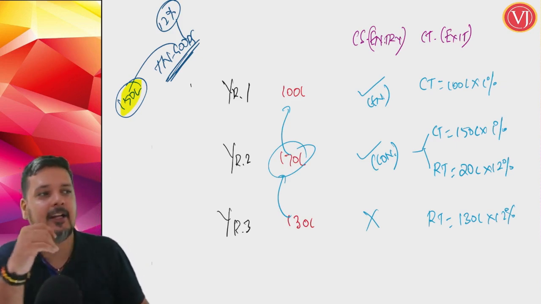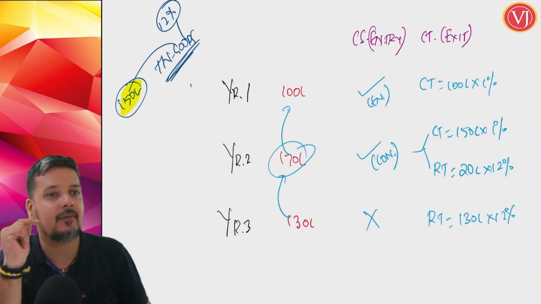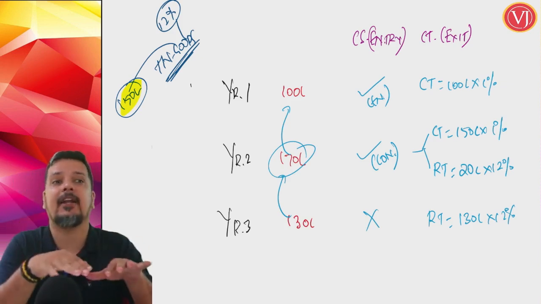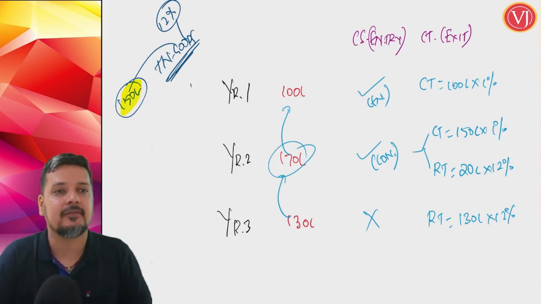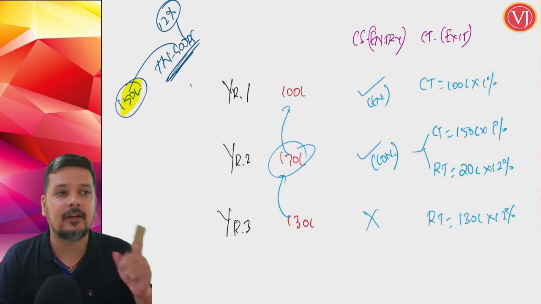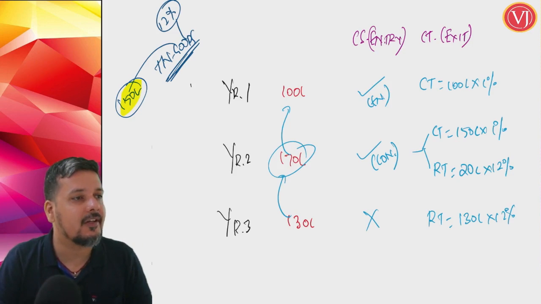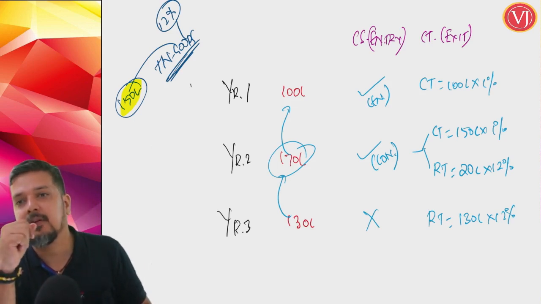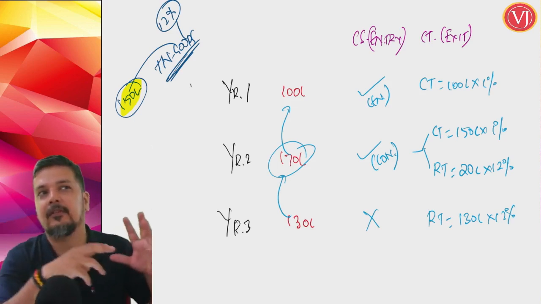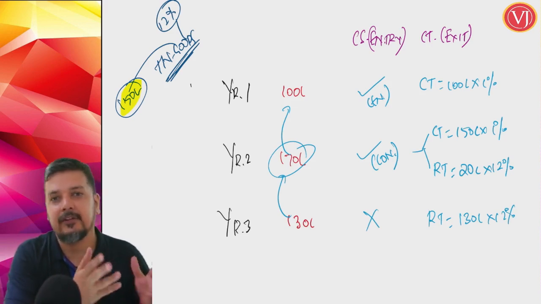Year 4, I'm not writing it, but year 4. When I go for year 4, can I enter composition scheme again in year 4? Yes, but this will be a new entry. It is not continuation. It is a yearly check. Now, people actually confuse what is this previous year 150 lakhs, 75 lakhs, 50 lakhs. It is all entry.